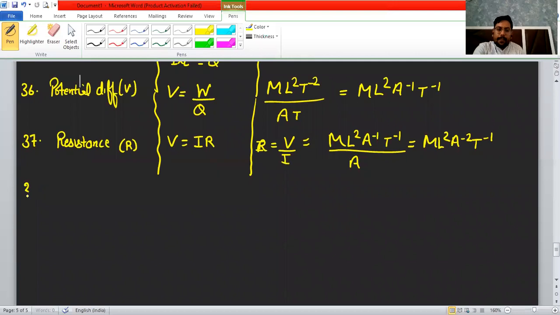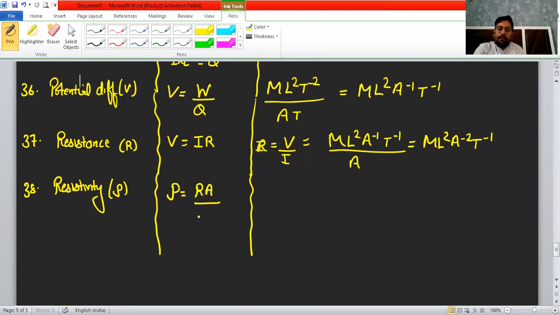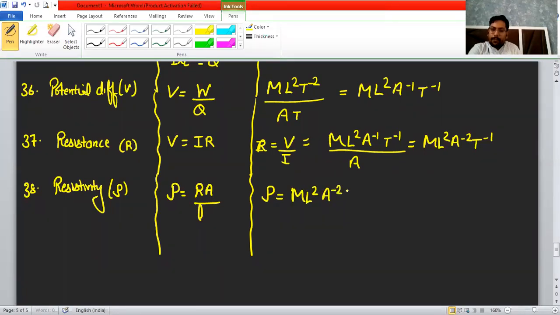After this, we have the next term called resistivity, which is rho. From the formula of resistance, R equals rho L by A, we can write rho as R A by L. So R is ML^2 A^-2 T^-3.